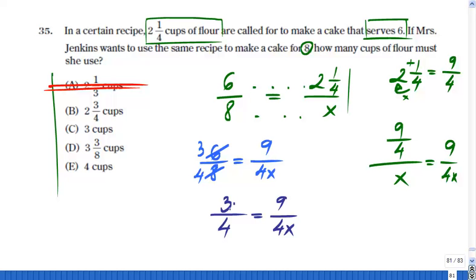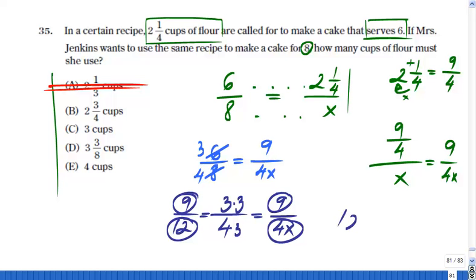Or you may think that to get from 3 to 9, I have to multiply 3 by 3, and because I'm multiplying the top by 3, I have to multiply the bottom by 3. 3 times 3 is 9, 4 times 3 is 12. 9 is the same as your 9 here, which means 12 should be equal to 4x. Solving that equation, you find that x has to be 3.